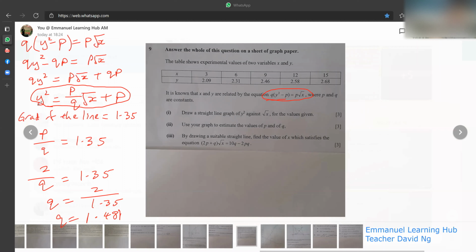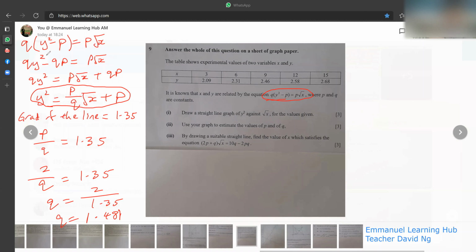Your big Y is y square, your big X is your square root x. Your p over q is your m, that's the gradient. Then p is the y-intercept. You need this working in order to see what the gradient is and what the y-intercept is.